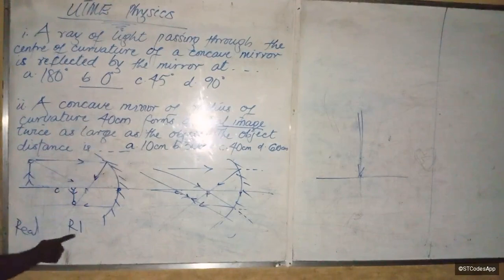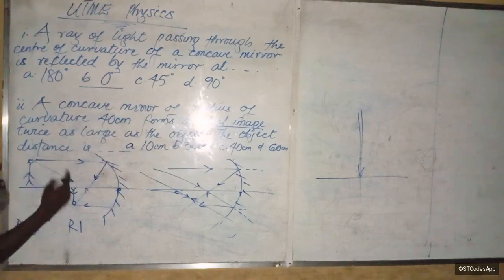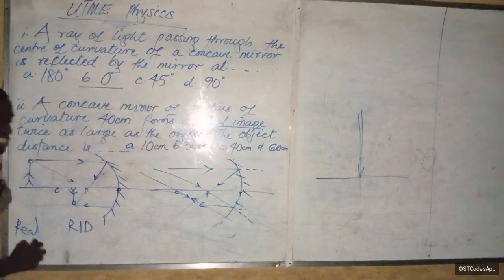And as it is, what's the size? Compare the size. Which one is bigger? Object is bigger, right? The image is smaller. So we say it is what? Diminished. Image is what? Diminished.